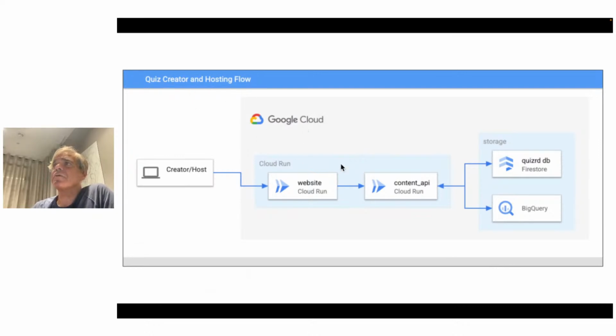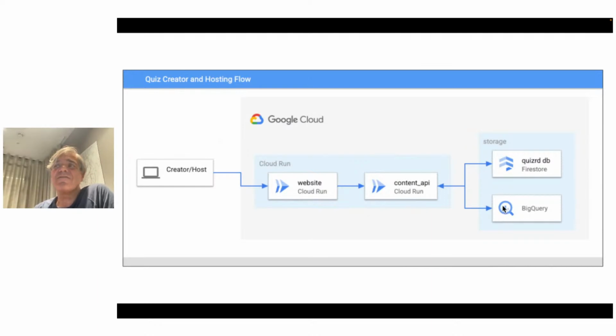This is the flow, kind of a block diagram level flow of the creator and hosting flow. So whether you're creating a quiz or running a quiz, you would come into this website. That would be one entity, and the website would make requests to this other backend service called Content API. And that entity would do the actual storage and retrieval functions.